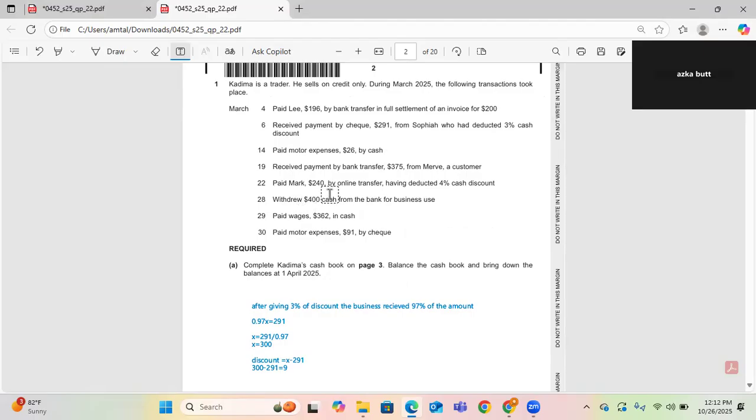Next one, paid Mark $240 by online transfer, having deducted a 4% cash discount. Okay. So the $240, and we have deducted a 4% cash discount.